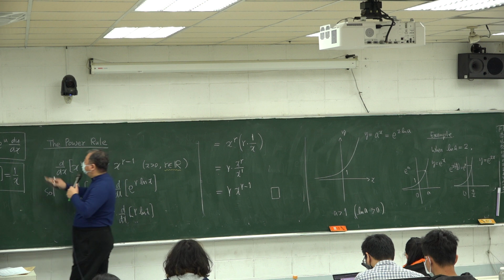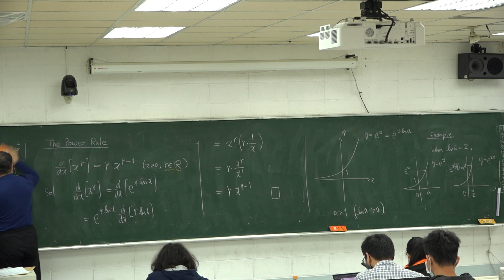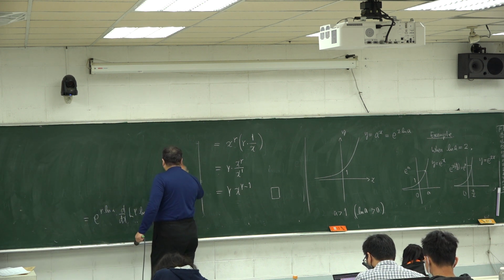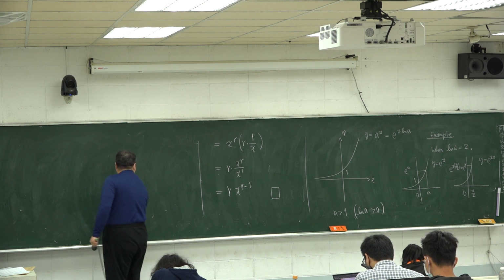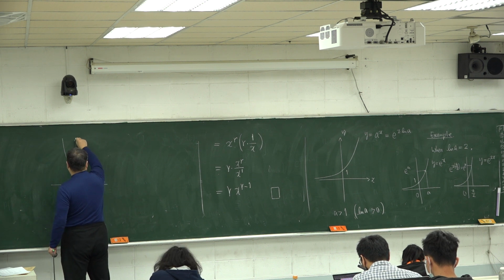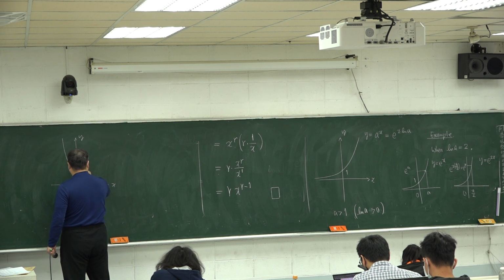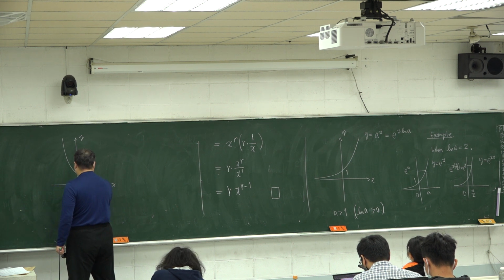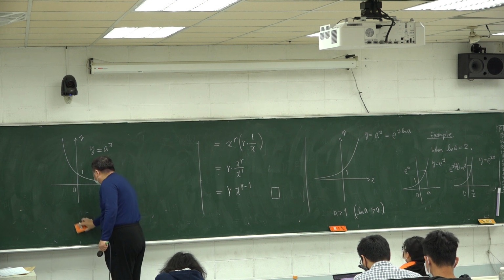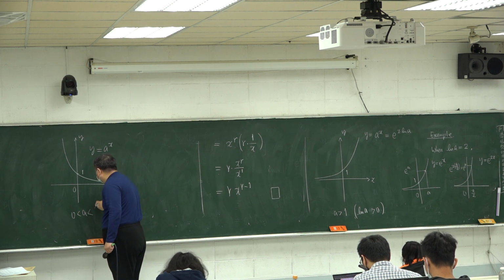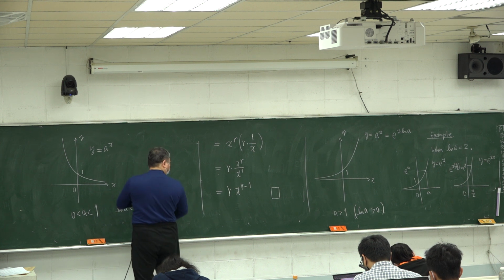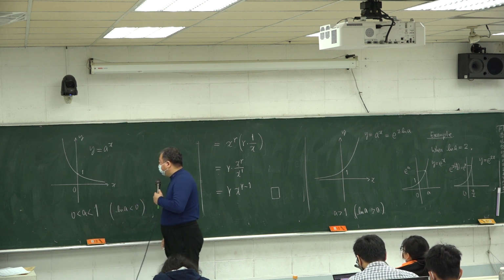Okay, next. If a is between 0 and 1, in this case ln a is negative.